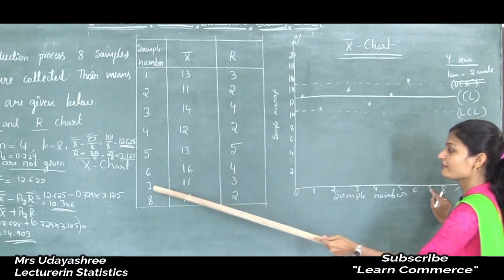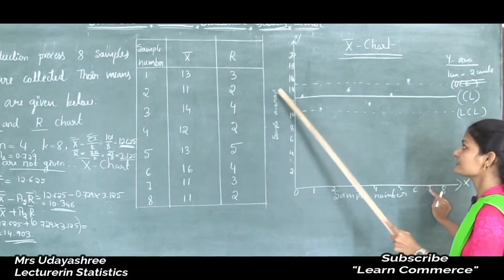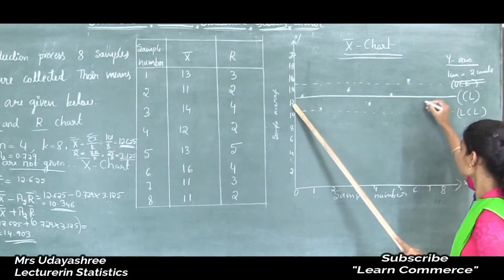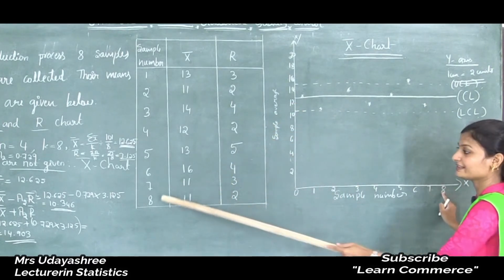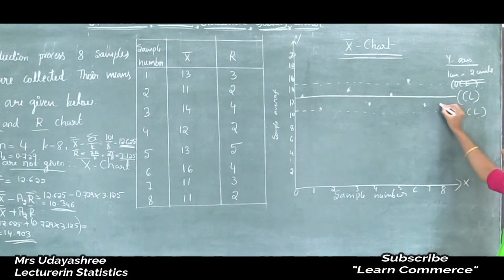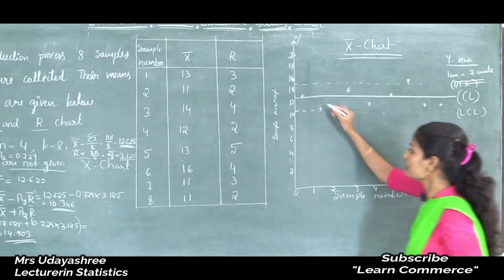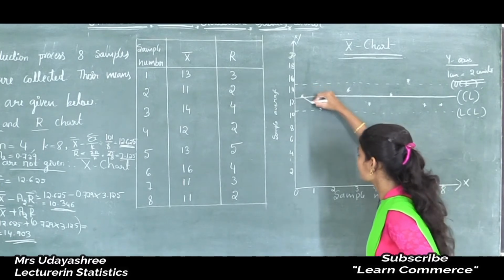And here 7 and 11. So 7 is here, 11 is here. Next 8 and 11. So 8 is here, 11 is here. That corresponding place is here. Now I will join these points with a straight line like this.